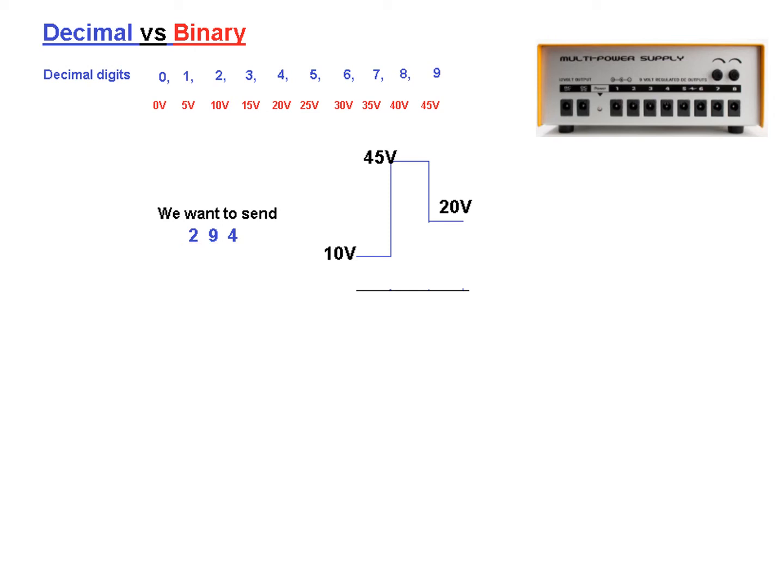Then for 2 we have to send a 10 volt signal, for 9 we have to send a 45 volt signal, and for 4 we have to send a 20 volt signal. Now this is a very big shock, a big jump in the voltages: 0, then 10, then 45 volt, then 20 volt, and our circuit will not be able to bear this. That is why this system is not practical for use in computers.